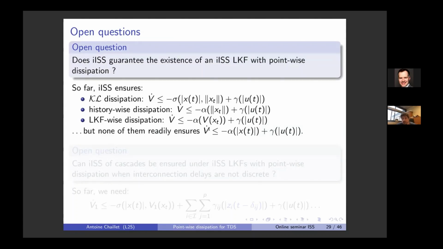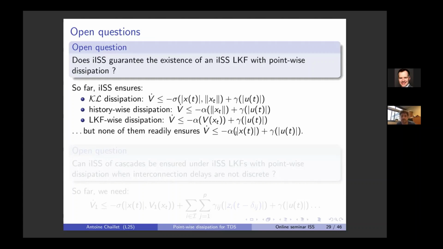dissipation. And this is due to the fact that alpha is here only required to be a positive definite function, so it's not monotone, okay? And so you cannot easily go from x_t, which is bigger than x(t), from here to there, because you can really have a very strong decay when x_t tends to infinity that's not captured by this term here. So I'm not saying that this is a question of strong importance.